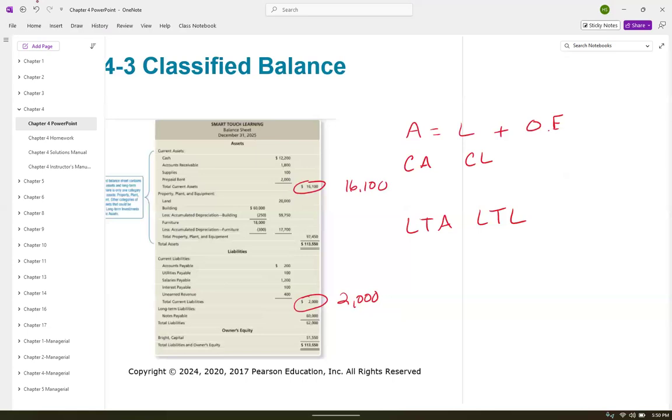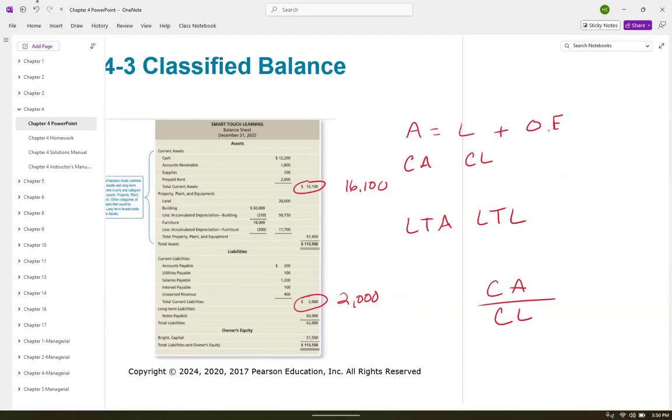The current ratio is just current assets divided by current liabilities. If you're an accounting major, you do have to have this formula memorized. I'm not making y'all memorize formulas for this class or even Principles of Accounting II. There's only a handful that even CPA exam candidates have to memorize, but this is one of them. And this one tells us a lot.